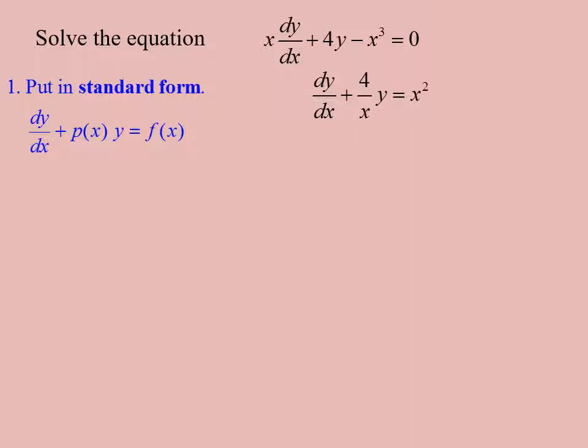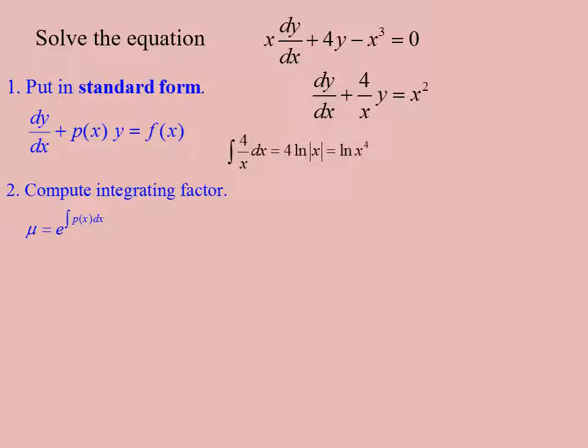Now, the p referred to in the standard form is the 4 over x, and the f is x squared. We don't particularly need the f right now. However, we need to find the integrating factor by doing e to the integral of the 4 over x. So let's integrate the 4 over x, and then let's do e to that power.